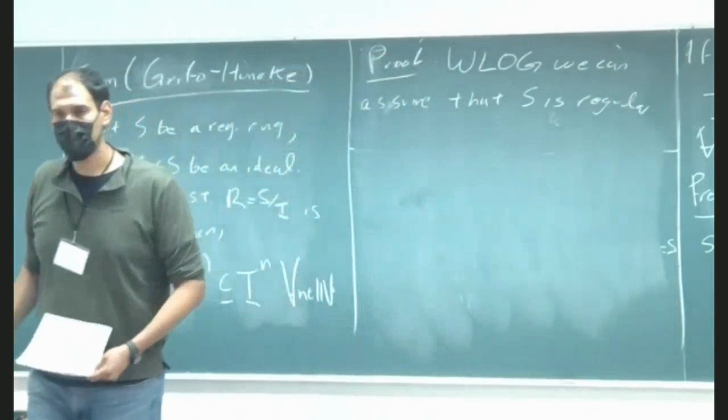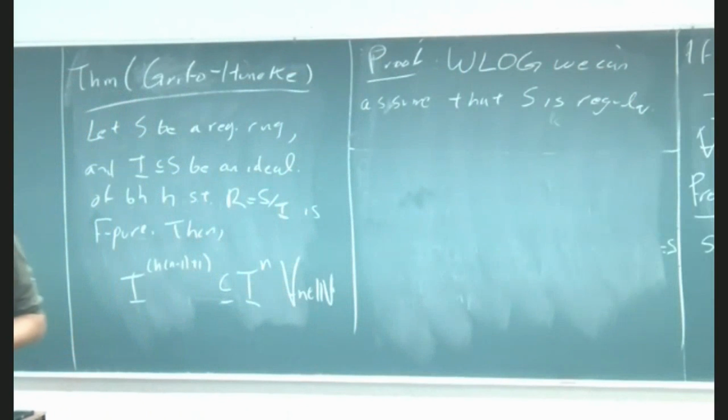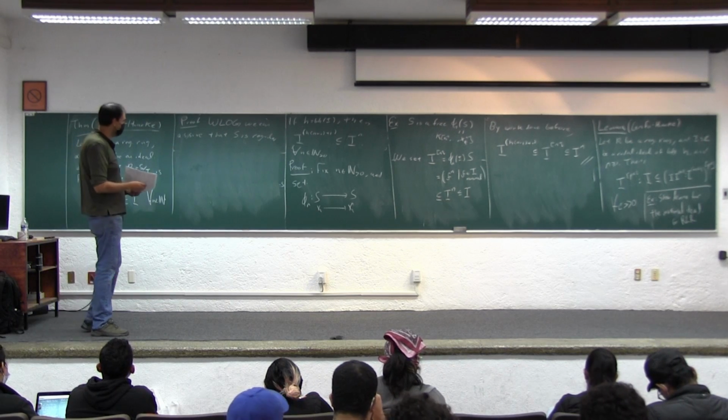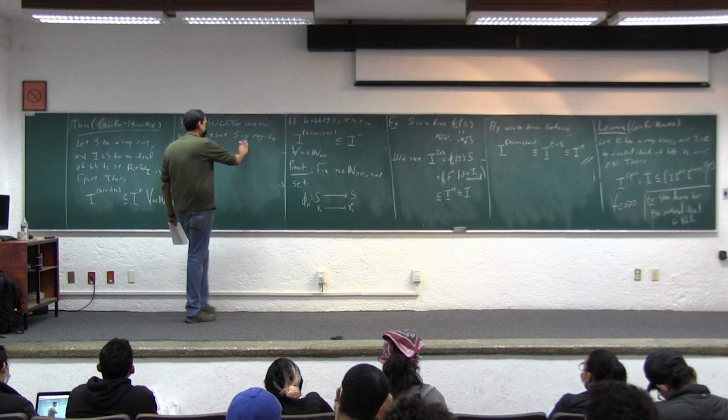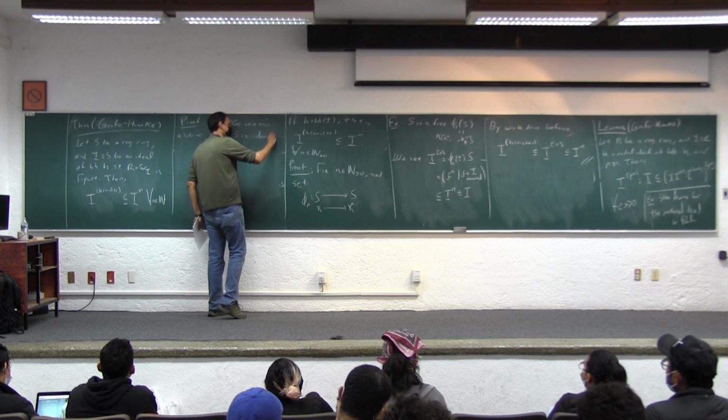We want local because we're working with F pure rings. We want to use Fedder's criterion, which applies to local rings. You mean local? Oh, thank you. Okay, yes.